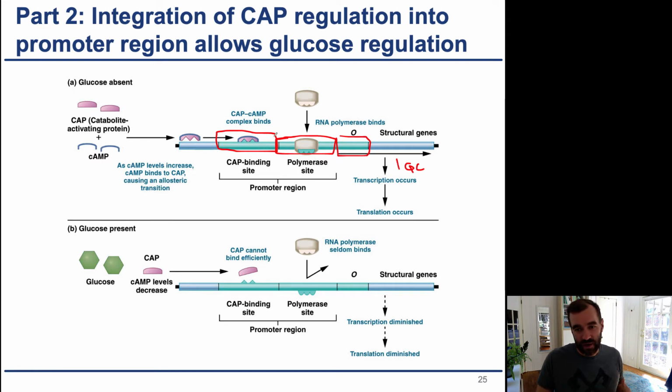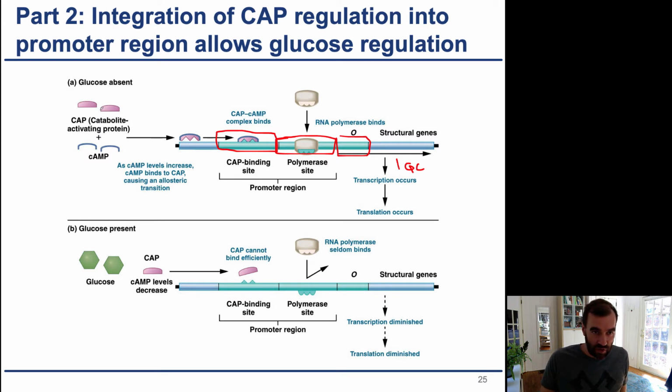As a reminder, the LAC repressor, if it was bound to allolactose, couldn't bind to DNA. But life is flexible; it can evolve any sort of mechanism that makes sense for it, and it is possible to evolve all these different sorts of mechanisms.